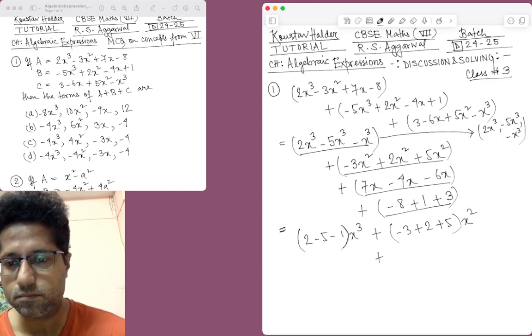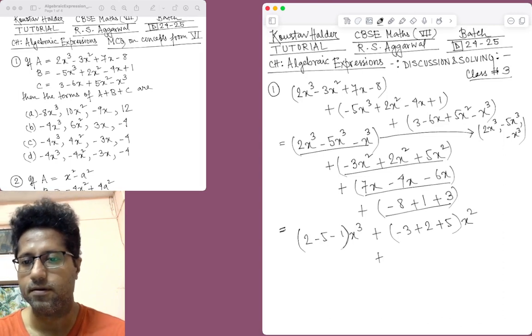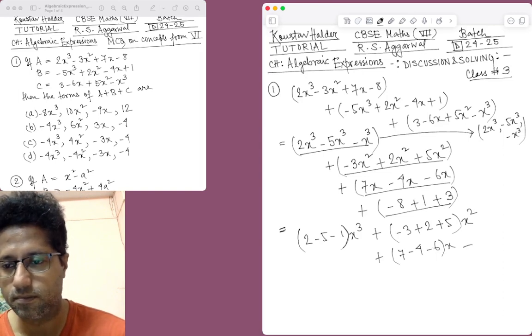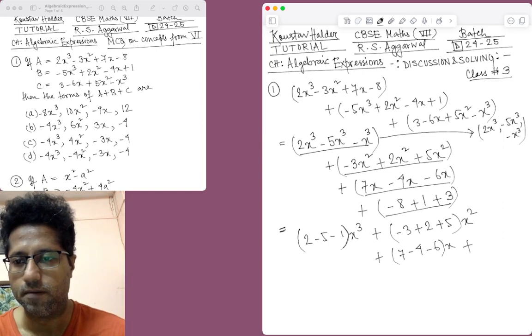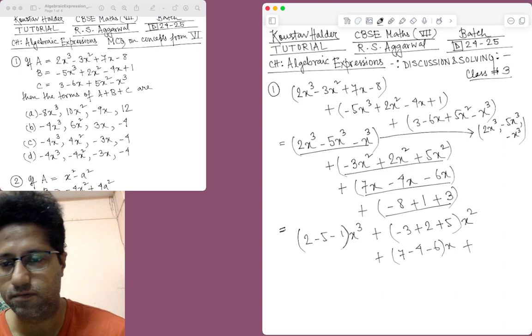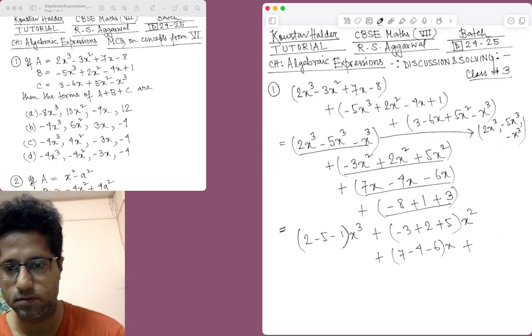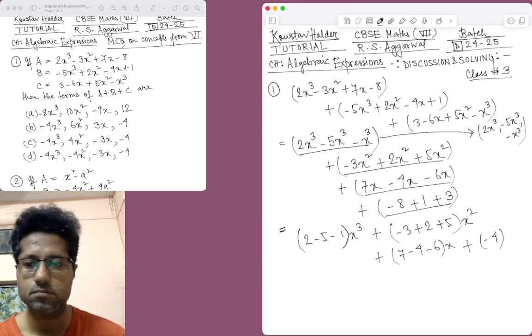Similarly, for the like terms with literal coefficient x, it will be 7 minus 4 minus 6 into x. Finally, the constant term: we do the arithmetic, minus 8 plus 1 plus 3, which is minus 4.